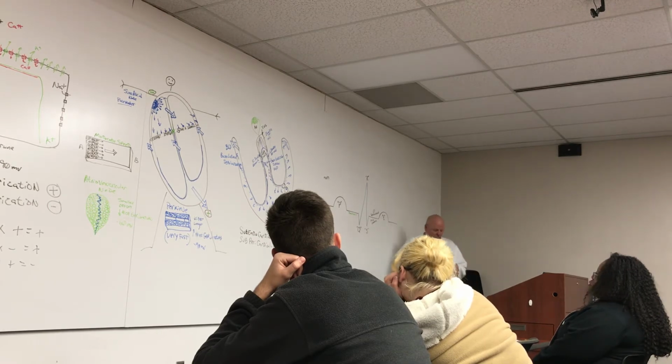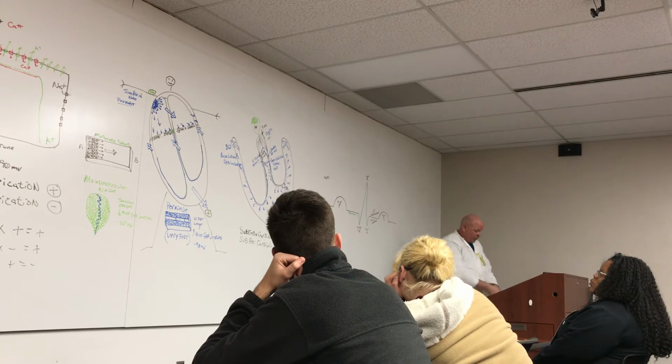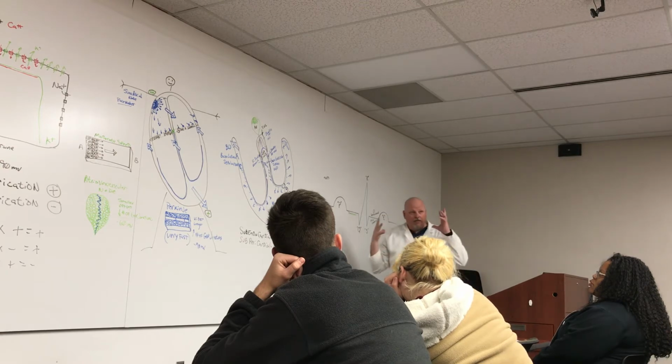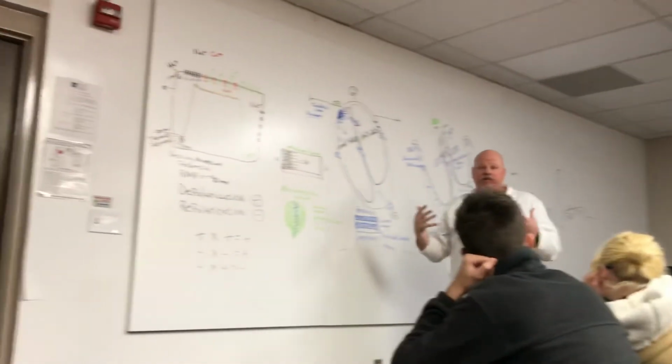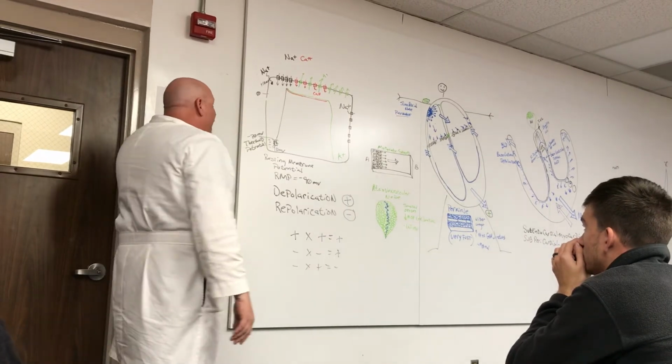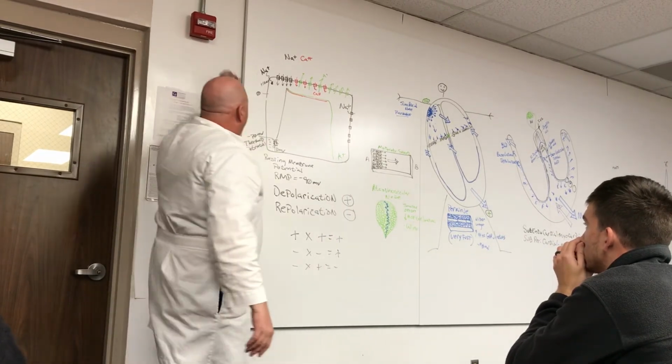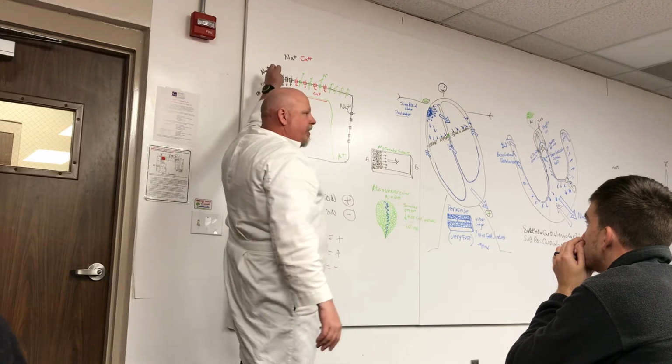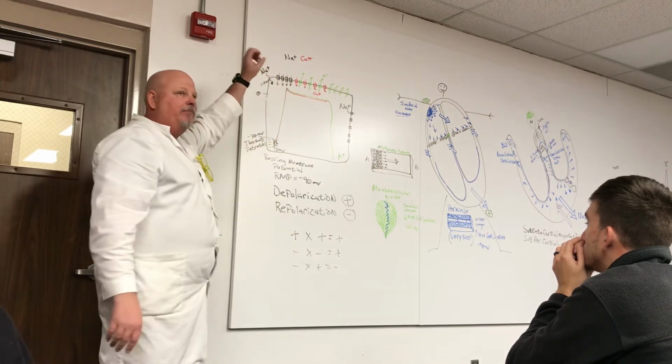Okay, and then this one is what? All right, listen, I'm going to go through this again real quick. You should have it written down already, just listen. The first thing that happens is we have a myocardial cell. The SA node is stimulated by calcium ions.